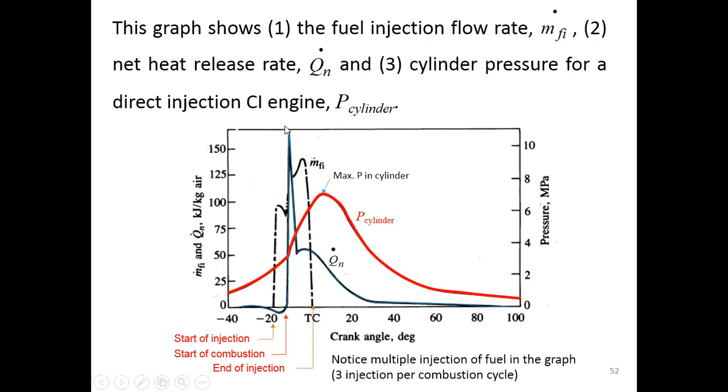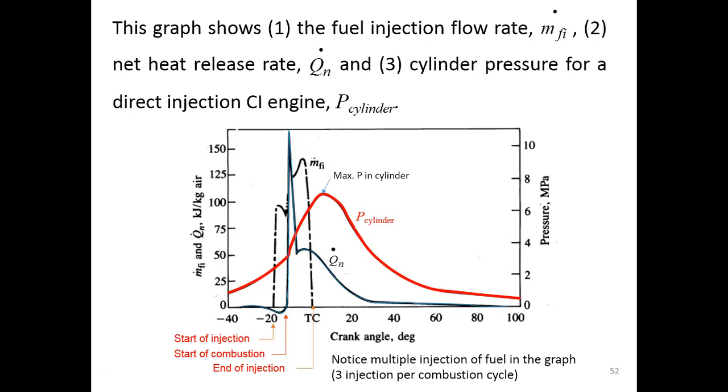And after that, the amount of heat release reduces, and then increases a little bit before it dies out here. So this is what happens to the heat release rate.